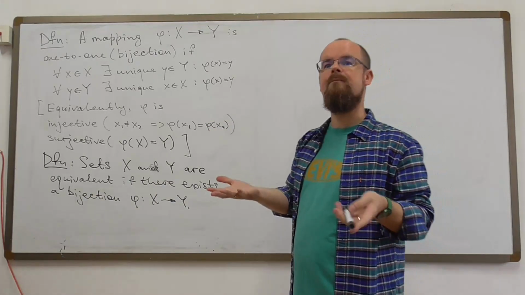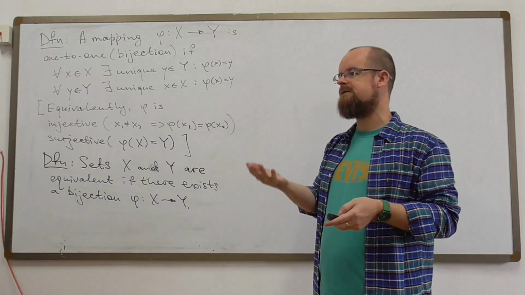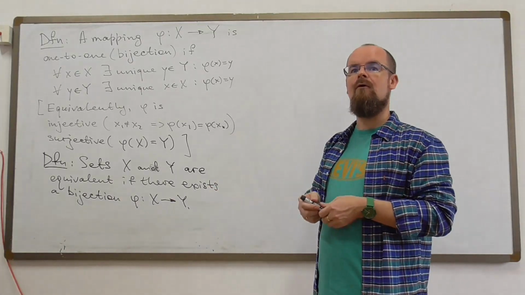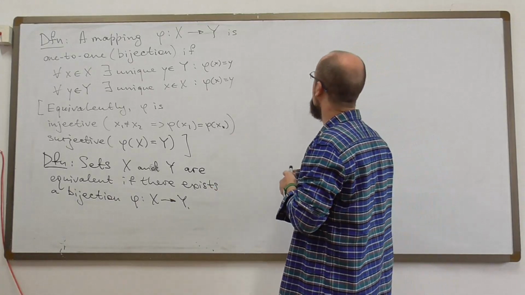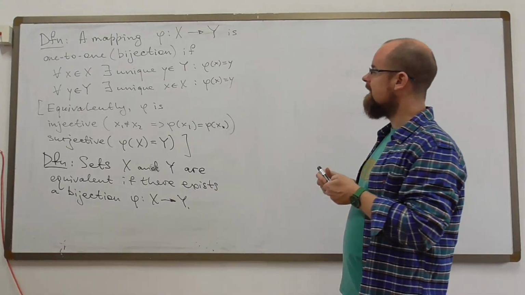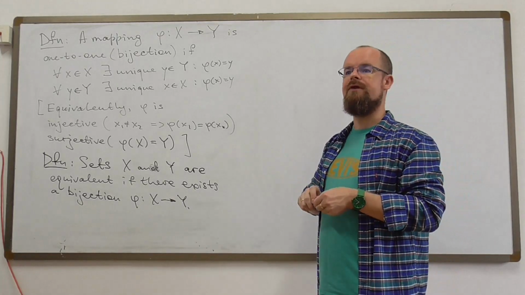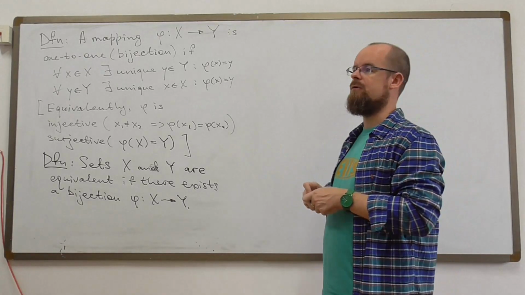So probably the simplest set which contains infinitely many objects is the set of natural numbers. And we will call any set equivalent to natural numbers countable.